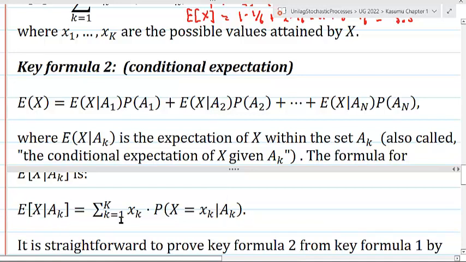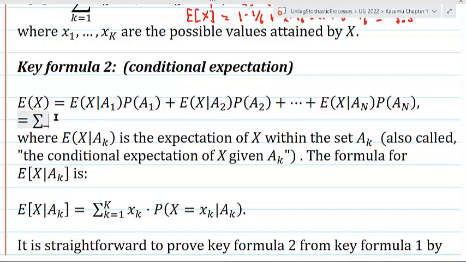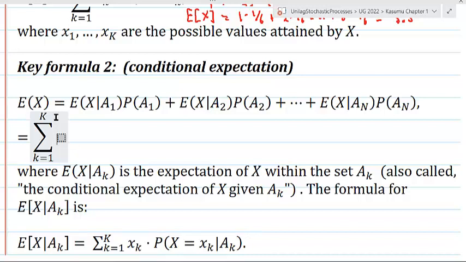Notice that this formula is in fact quite similar to this formula. I could write this formula in summation notation as follows. The sum from k equals 1 to K of the expected value of X given Ak times the probability of Ak.